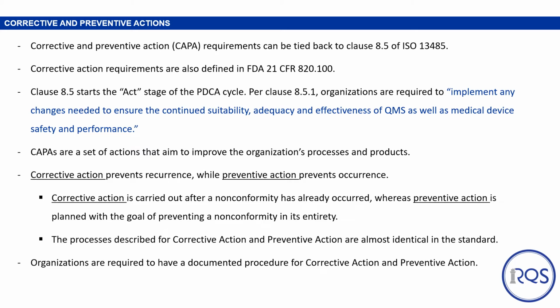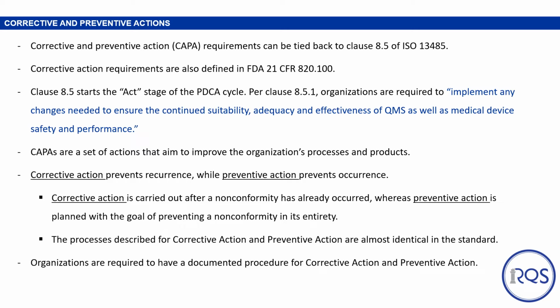Let's now discuss corrective and preventive actions, also known as CAPAs. CAPA requirements can be tied back to Clause 8.5 of ISO 13485 as well as Part 820.100. Clause 8.5 starts the ACT stage of the PDCA cycle. Per Clause 8.5.1, organizations are required to implement any changes needed to ensure the continued suitability, adequacy, and effectiveness of the QMS as well as medical device safety and performance.